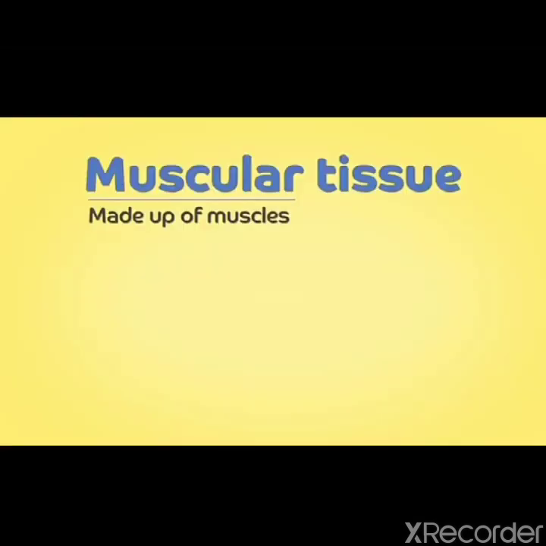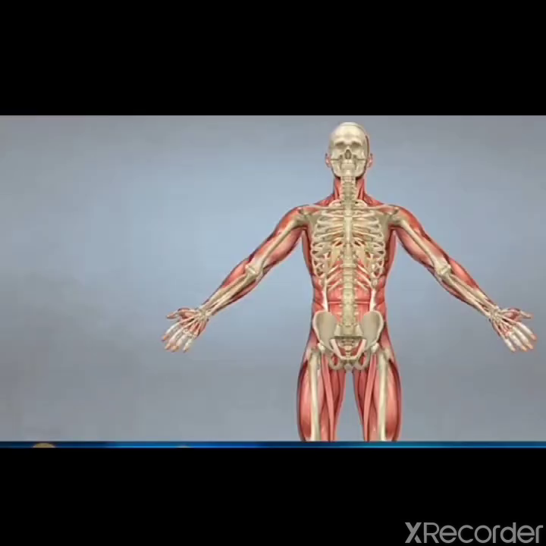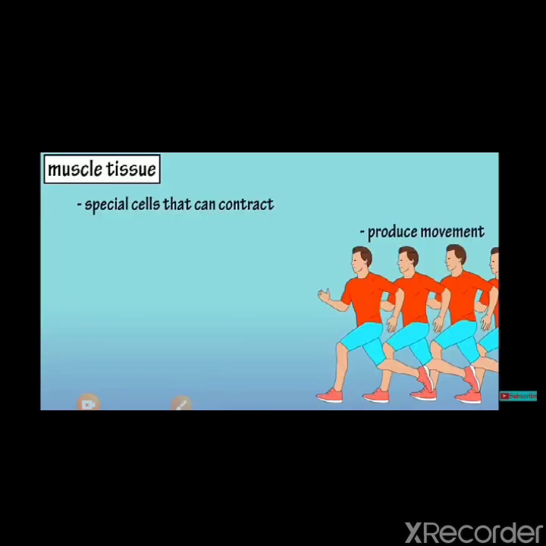Muscular tissues, which are made up of muscles, are present in every part of the body. They are involved in all kinds of movement of the body and its parts. It means all movement in our body is due to muscular tissues.